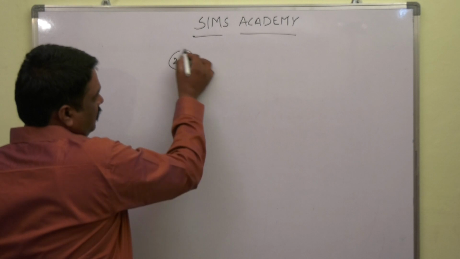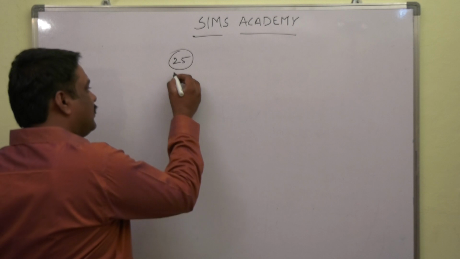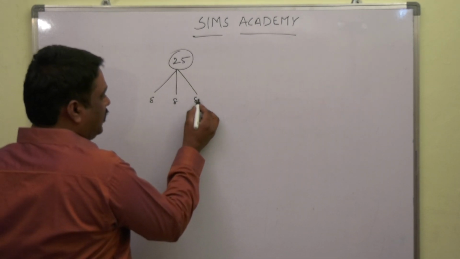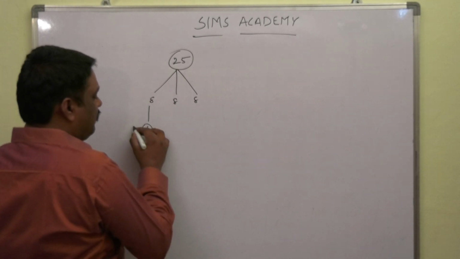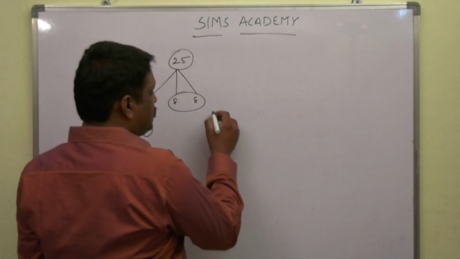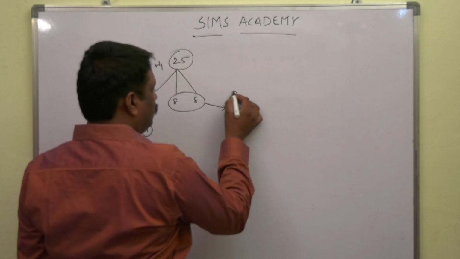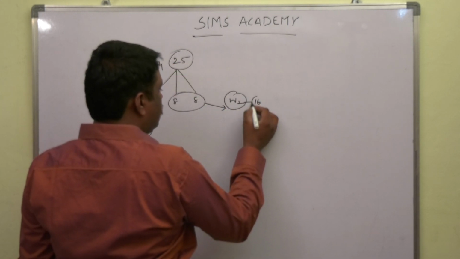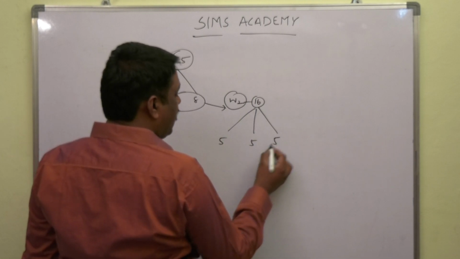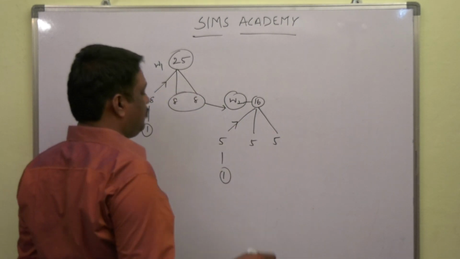He brought 25 diamonds to the first wife. She has divided them into 3 parts, 8, 8, 8, and she has given 1 to her servant maid. And these 2 bunches were taken to wife 2, and these 16 are divided into 3 again, each 5, and 1 remains, and she has taken her share.